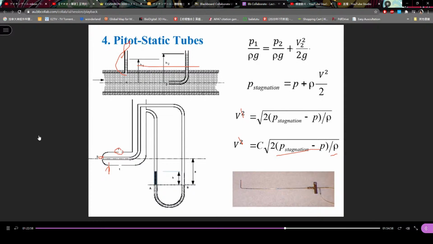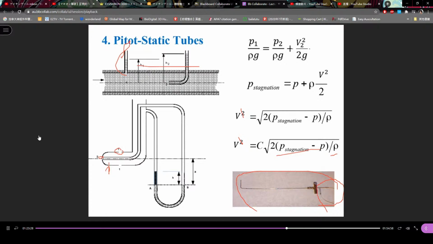So this is the basic principle of the pitot static pressure measurement tube, or called pitot static tube. It's just like a finger, a very small finger, or even smaller, but it's a double shell inside. Usually it is connected to a U-tube manometer, then we measure the pressure difference.